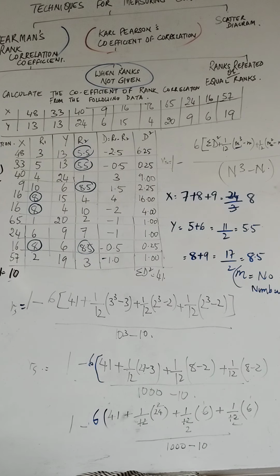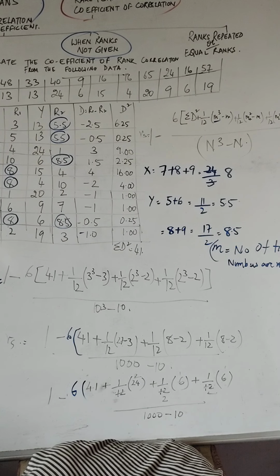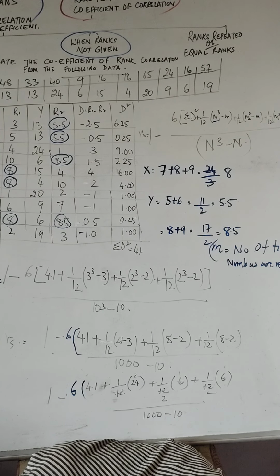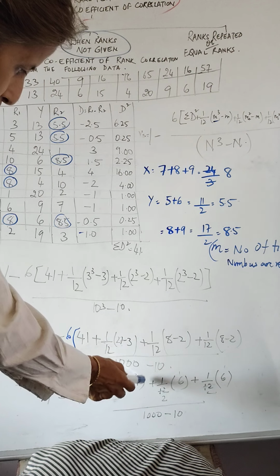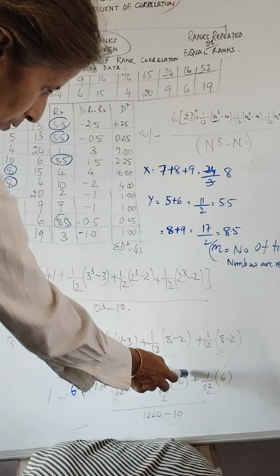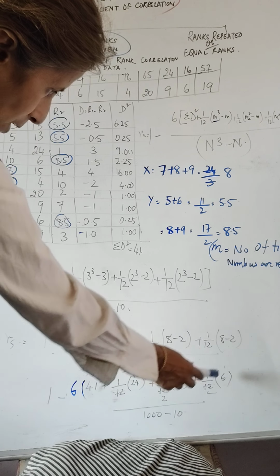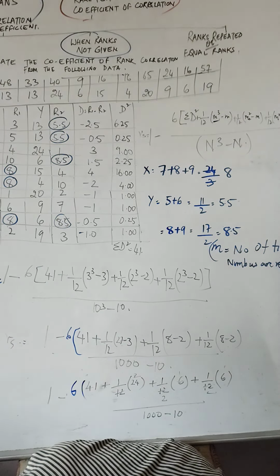I hope you can see this. Yeah. So in this you see that 41 plus 1 by 12, 12 ones are 12, 12 twos are 24. So this is 1 by 2. Okay, 6 ones are 6, 6 2s are 12, 1000 minus 10.